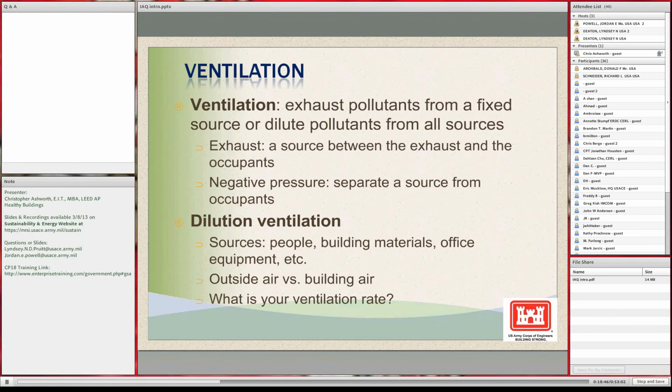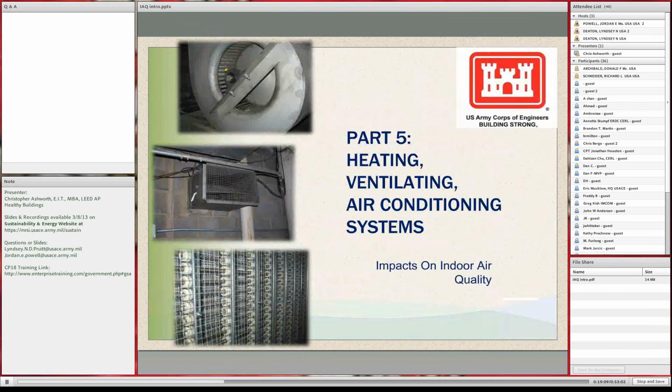When we're talking about ventilation, we're talking about exhausting pollutants from a source and introducing non-contaminated air, I guess is the best way to put it. So you have the dilution of ventilation: you have various sources, various people, various contaminants within a space, printers, copiers, etc., diluting the air and diluting those contaminants so that we don't have an issue.